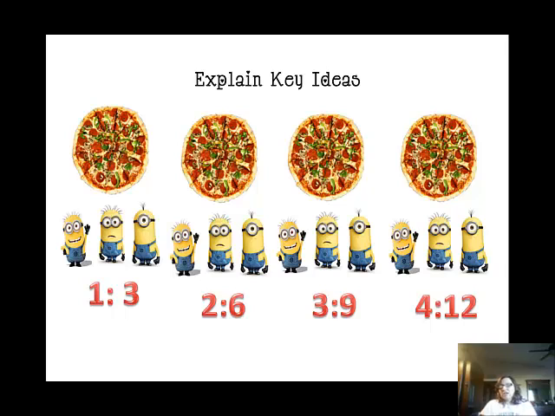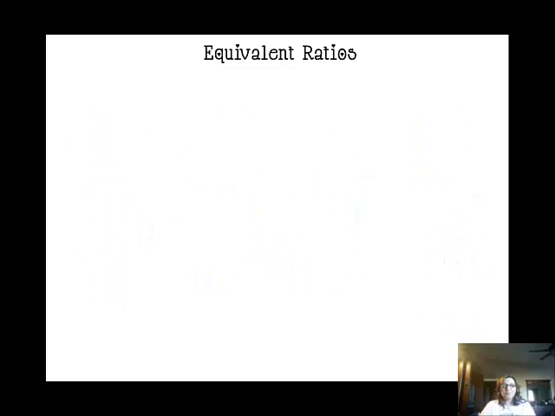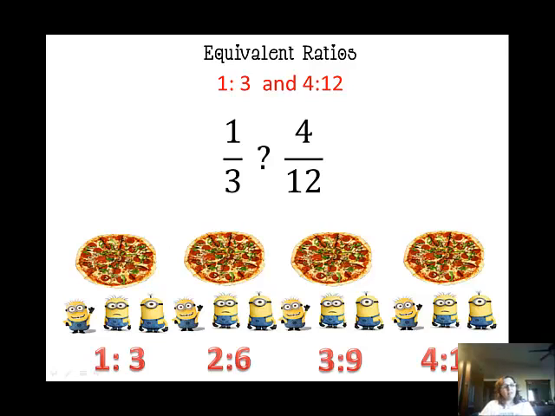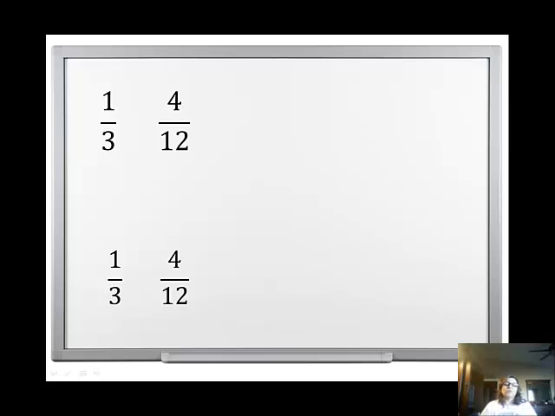That's right. Okay, because these ratios are proportional to one another, we can say that they are equivalent ratios. So in this case, we have 1 to 3, and we have 4 to 12, and we can ask, are those two equivalent? Based on our model here, yes, they are equivalent. Let's do it using math.